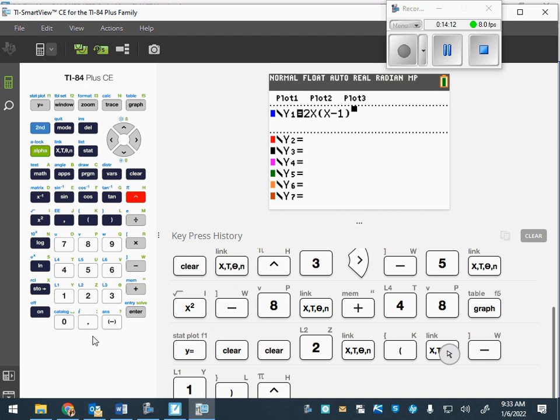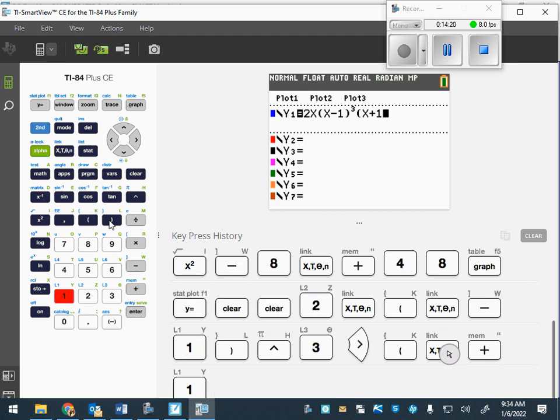Use the little caret for the cubed, but make sure you press the right arrow. Then x plus 1 squared. Everyone okay? Press graph.